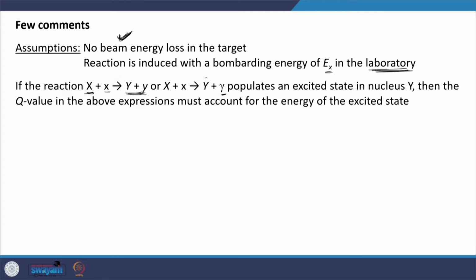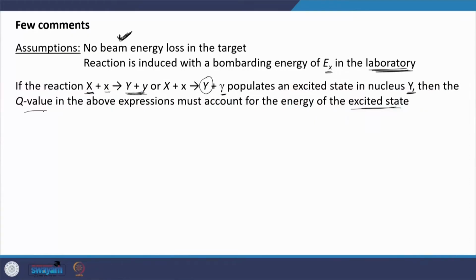If the reaction populates an excited state in nucleus capital Y, then the Q value in the above expressions has to consider the energy of the excited state also. Until now we have considered that it is reaching the ground state.